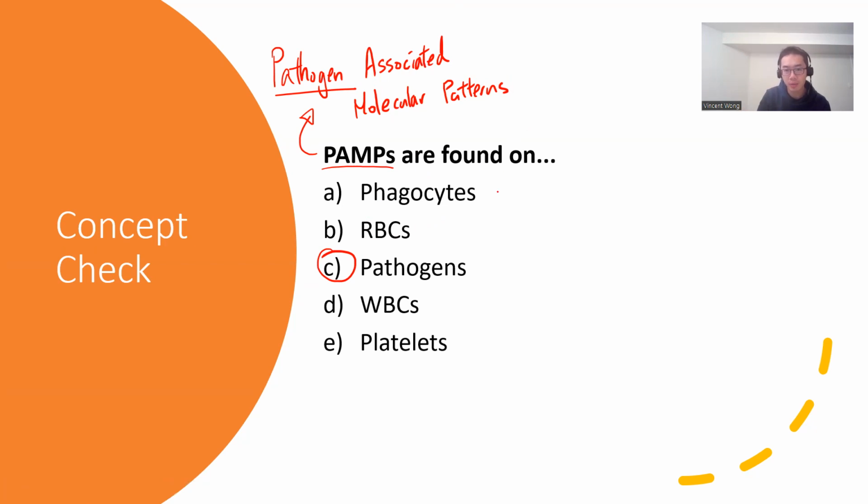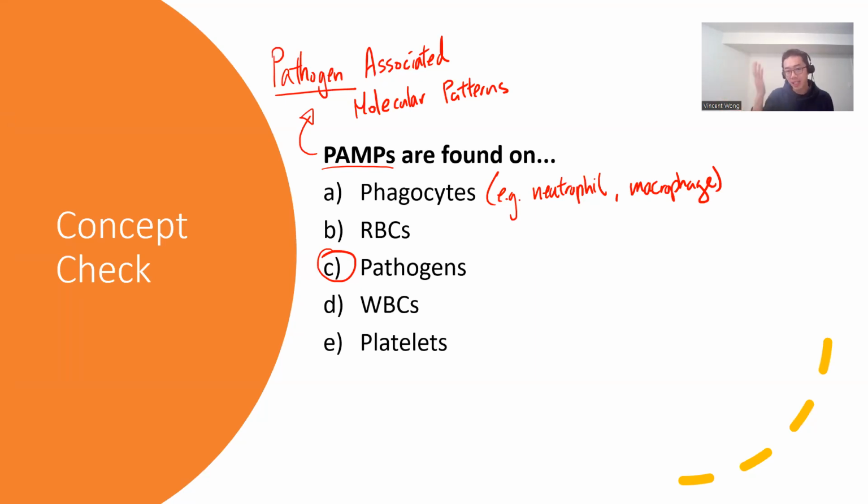The phagocytes, which are like the neutrophil, macrophage, these are the cells that would recognize the PAMs, and then they would attack the pathogen. The PAMs are basically like dangerous signals on the pathogens.